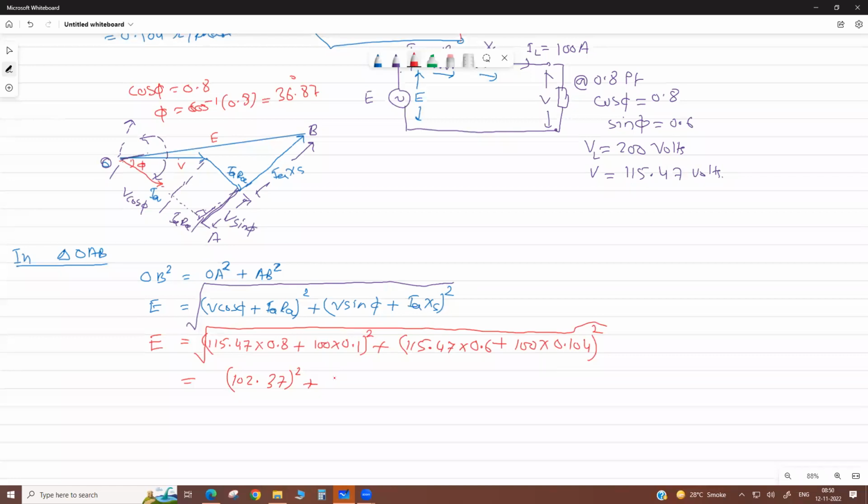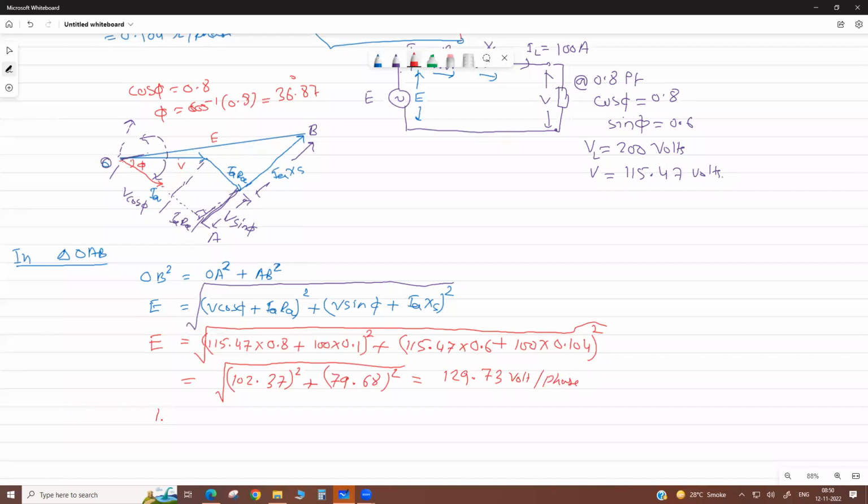So my dear, this comes total 79.68. Again this whole square, plus 102.37 whole square, and the root of this. My dear, it comes 129.73 volt. It is per phase.